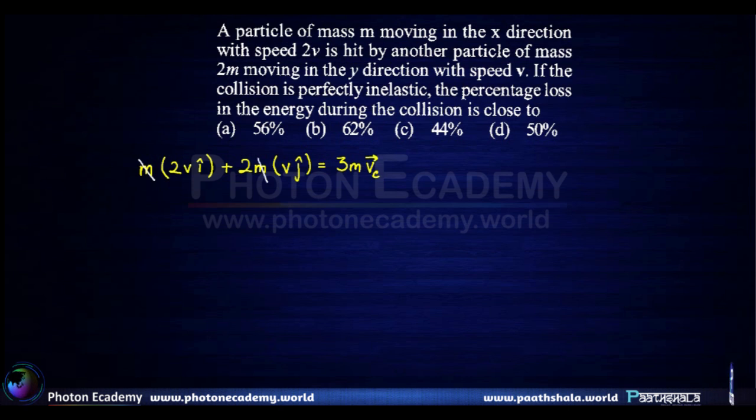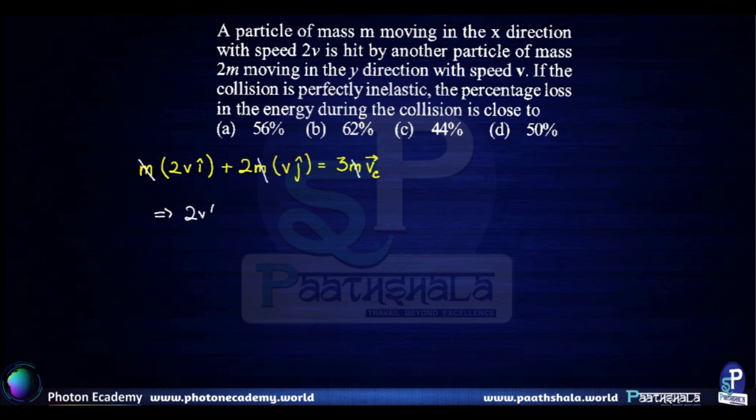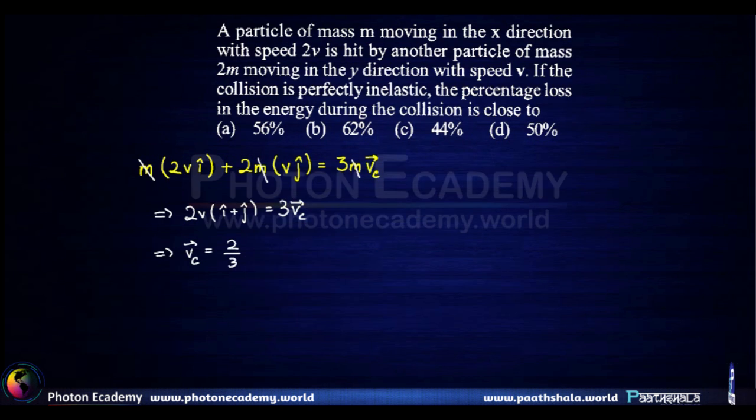Since m can cancel out throughout the equation, we have 2v i cap plus j cap is equal to 3 times the combined velocity, or the combined velocity is equal to 2 by 3 v into i cap plus j cap.